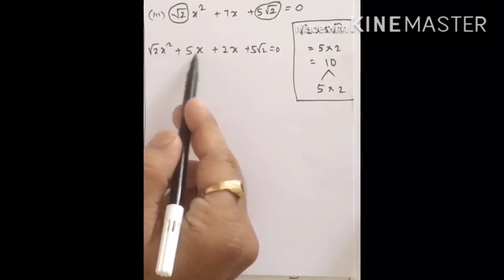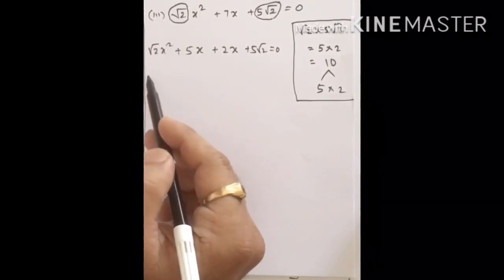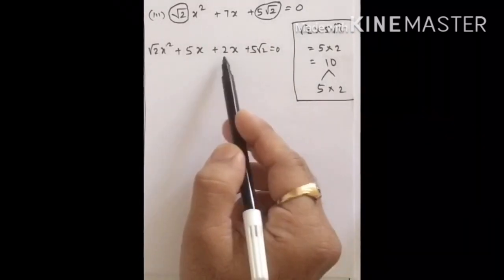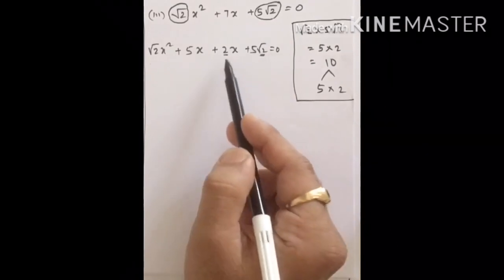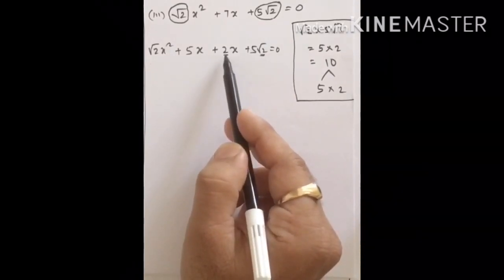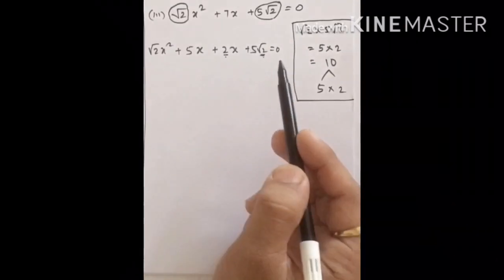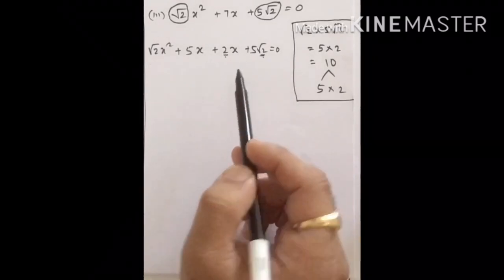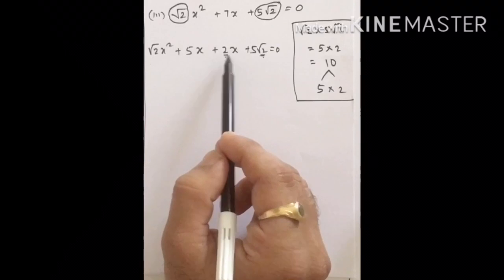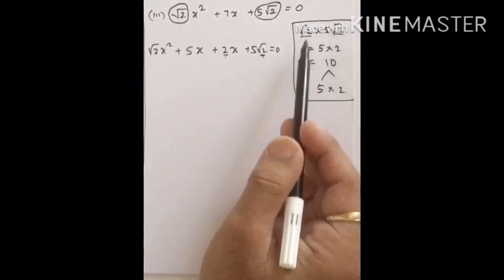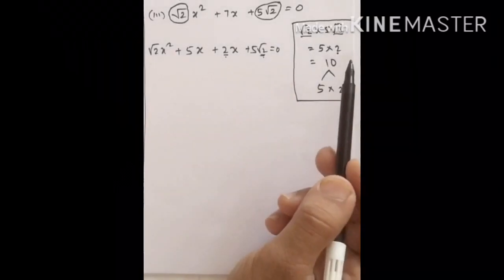But x square and x we can take common, so I am going to take that common. Here you can see there is 2 here and there is root 2 here. So we can take common from 2 and root 2, because this 2 is nothing but root 2 into root 2. Root 2 into root 2 is 2. Correct or no?